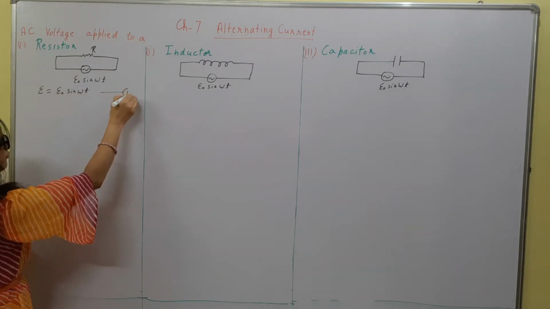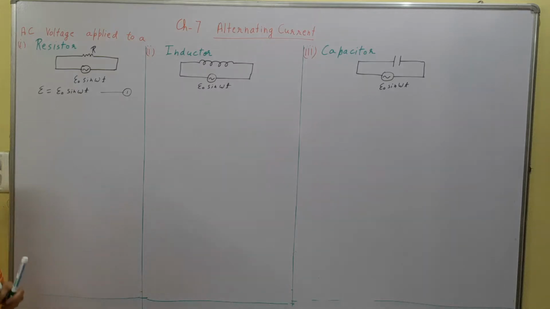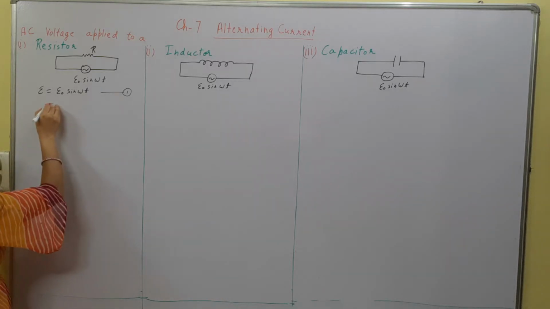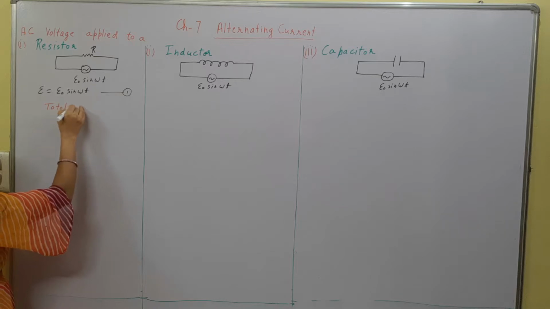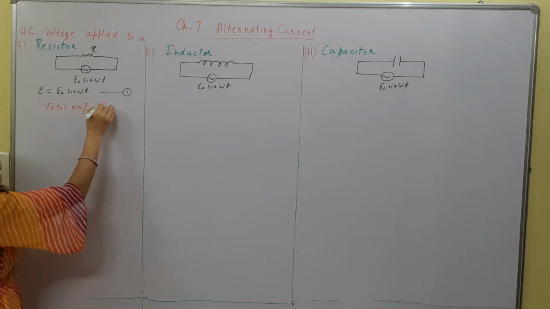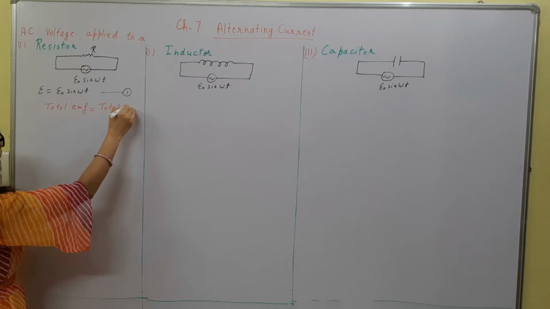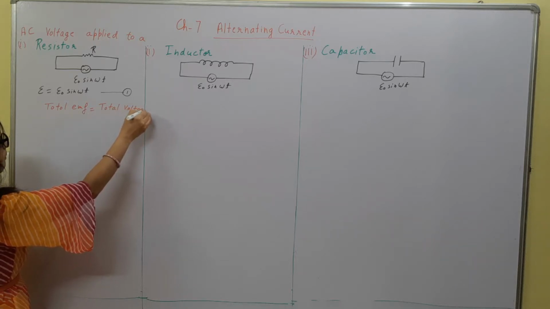Now we have to find the phase relation between the current and the voltage. So what will we do? We will use that the total EMF is equal to total voltage.